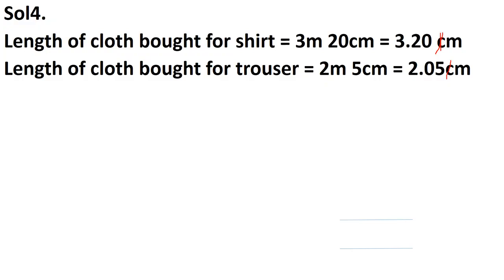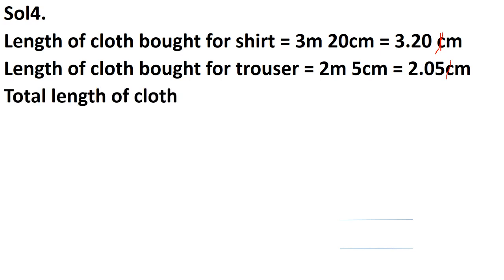Isn't it? This we have done earlier, that how to convert centimeter into meter. So 5 centimeter equal to 5 upon 100 meter. So decimal will come before 2 digits. So it is decimal 05.